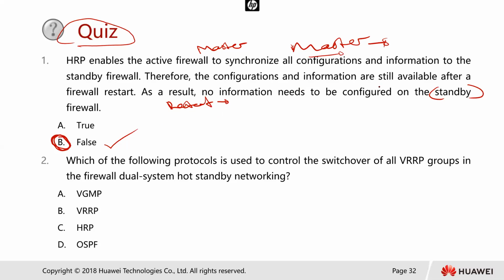So when this one comes back, there is definitely need for information to be configured on it so that it's consistent with the current master. These configurations will have to be synchronized. That's why we looked at the fourth kind of backup and called it automatic synchronization of configuration after restart. I hope that is clear.